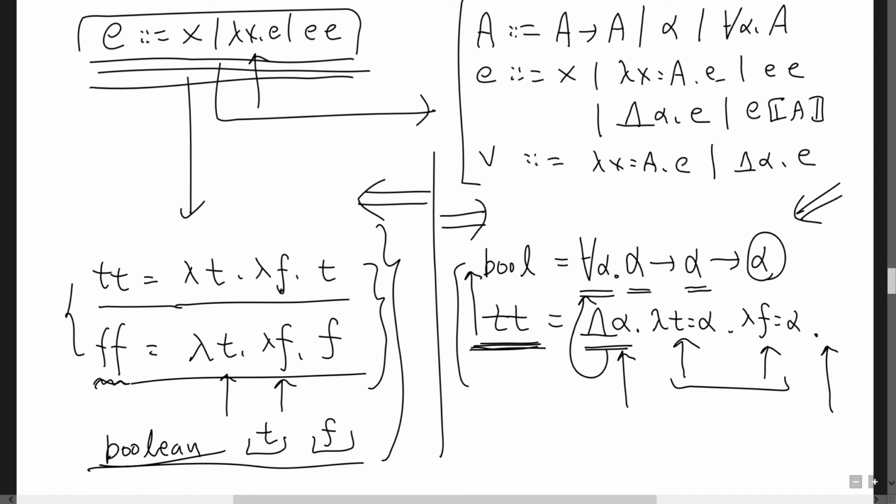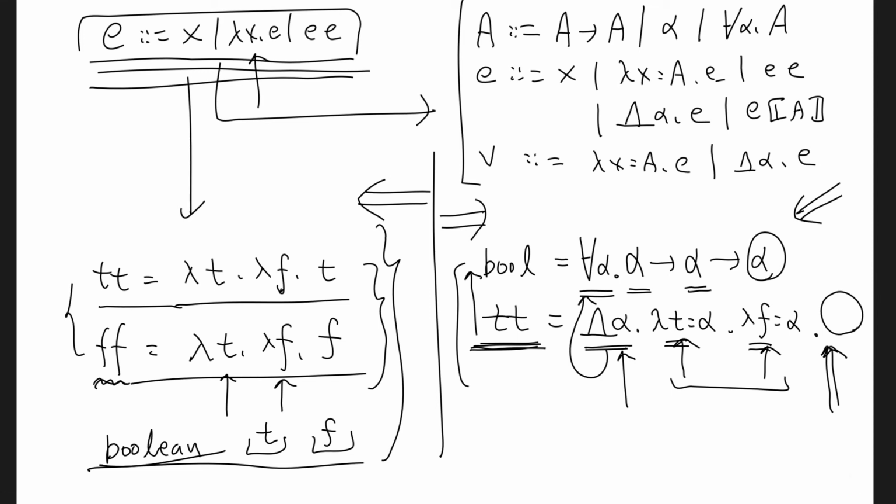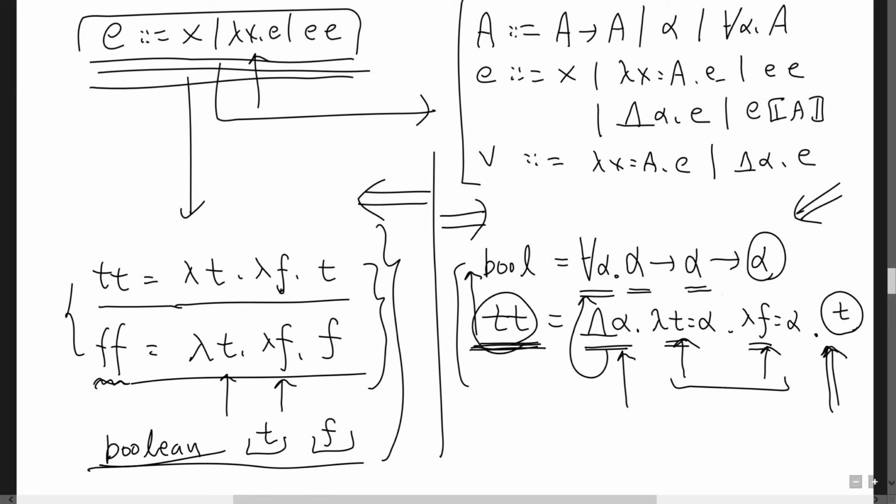You cannot find some other expression or value of type alpha, because nothing is known about this type variable alpha, and when you reach this point, you have only two concrete expressions of type alpha, namely t and f, and nothing else. So if you'd like to build an expression of type alpha here, there are only two choices to choose from, which is either t or f. And in the case of Boolean true, we choose the first option.